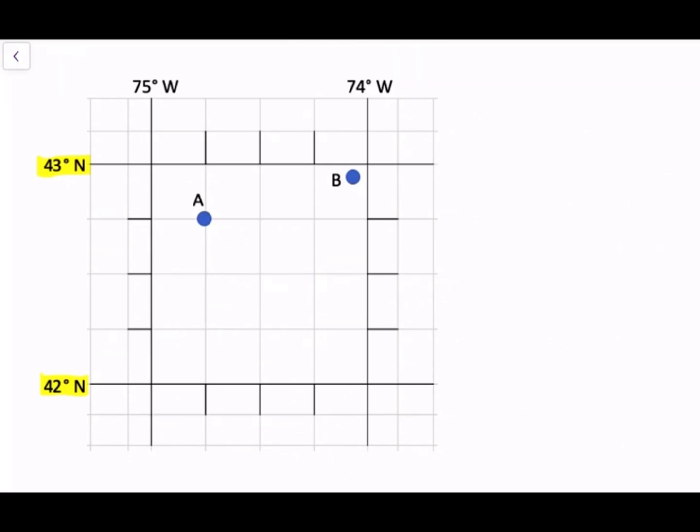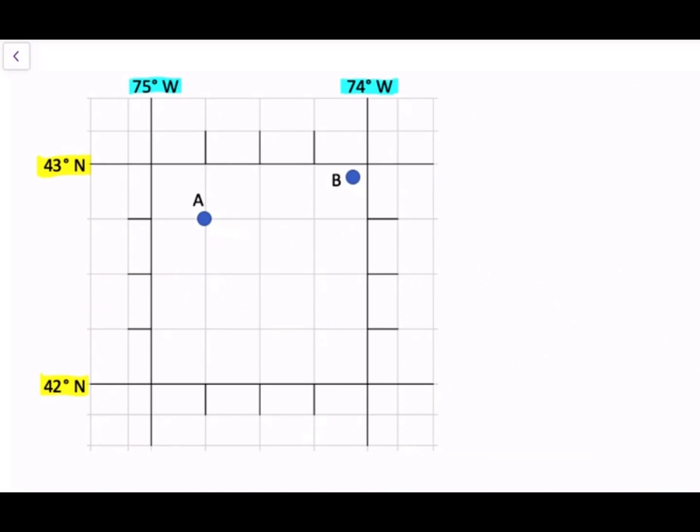In terms of longitude, I'm looking at the land in between 74 degrees west longitude and 75 degrees west longitude. I want to identify the precise coordinates, the latitude and longitude of location A and location B.